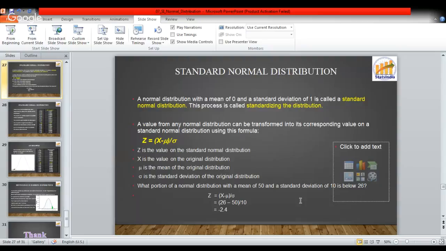But now we are going to use the table. So the first thing is to convert any value into z. Z is x minus mu upon sigma. For this distribution, mu is 50, SD is 10. So for 26, our value of z is minus 2.4.